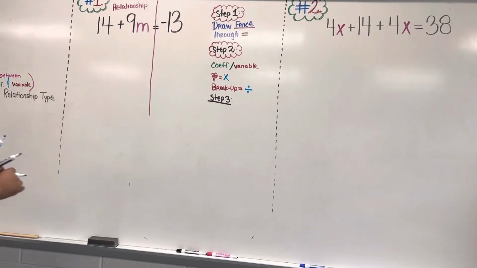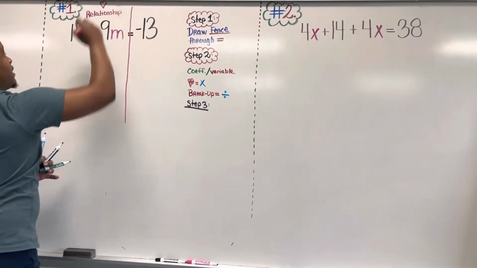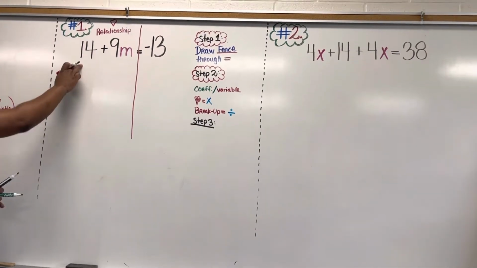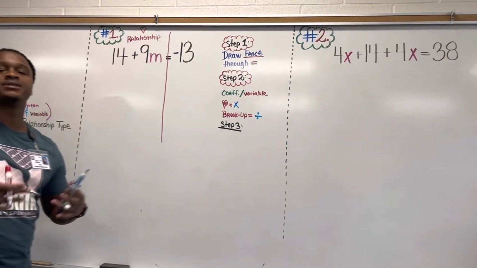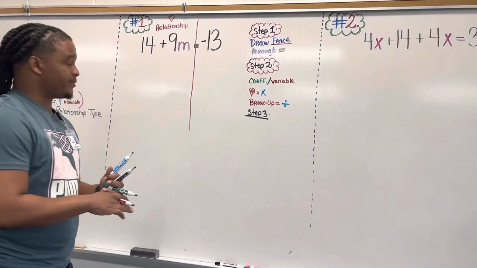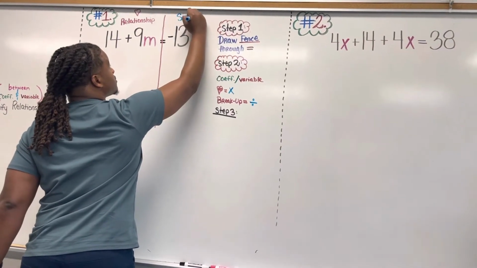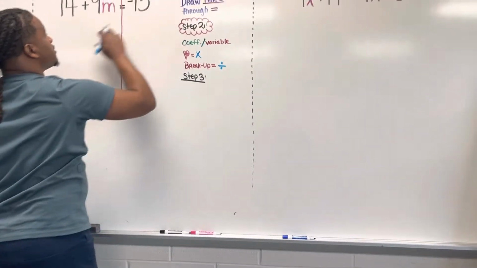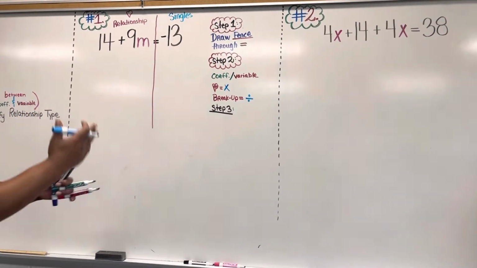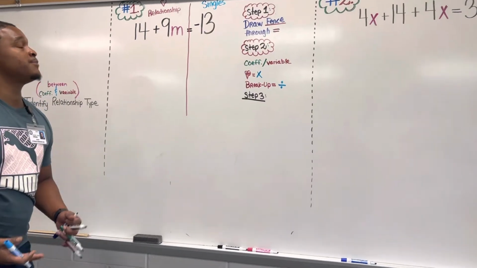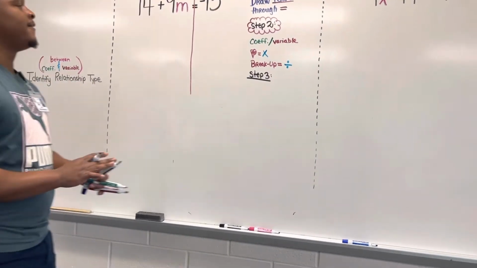So I'm going to label that side as the relationship, and I'm going to put a heart on the top, right? As you can see, 14 and negative 13 are not attached to a variable, right? So I just call those numbers the single numbers, or the single people, okay? So on this side, I'm going to label this side as the singles, because these numbers are constants, and I also call those singles. So you see what I'm doing? I'm separating the room where everybody in a relationship is on one side, and everybody that's single is going to be pushed to the opposite side, okay?